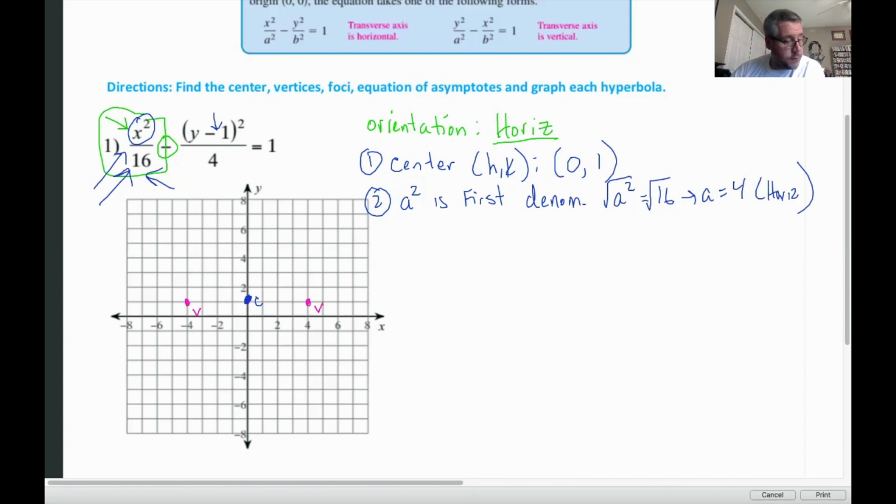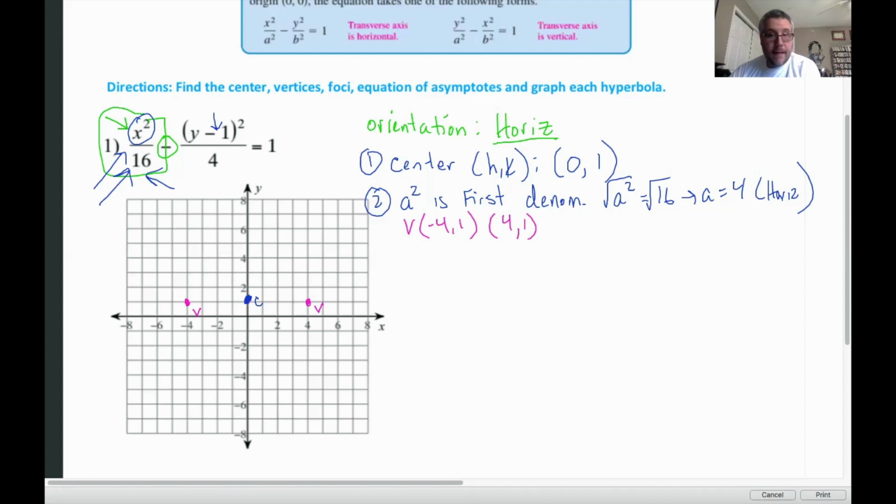So if you want to take note of that, we can. The location of the vertices is going to be at (-4, 1), and the other one is at (4, 1). All right, perfect. Now, the vertices, that's where the curves kind of bottom out, or that's where they branch from. So that's important to keep in mind.